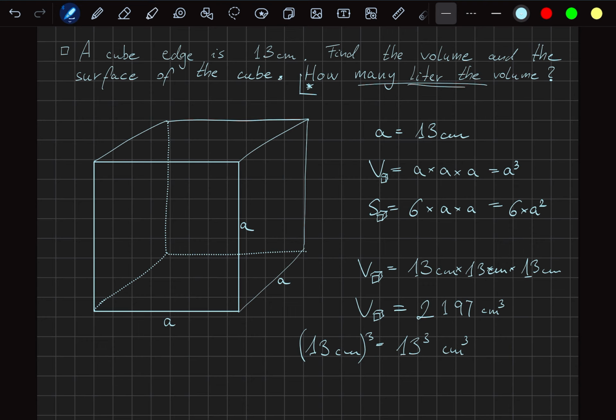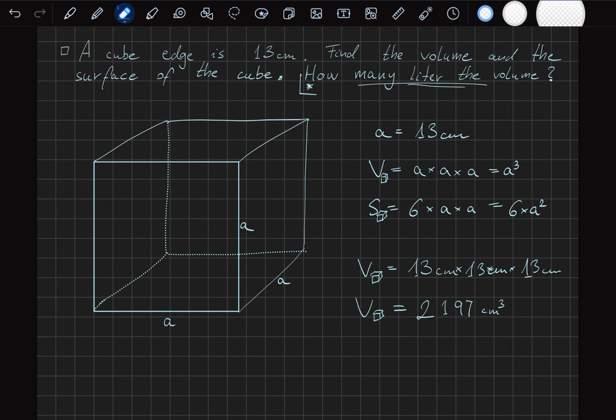Because if I have a product in a bracket and I raise this to a power, I need to raise the numbers or letters in the bracket. But here you can see centimeter times centimeter times centimeter, centimeter cube.